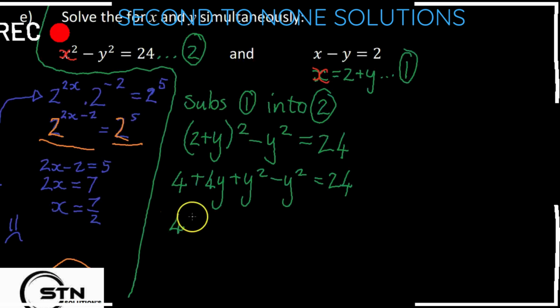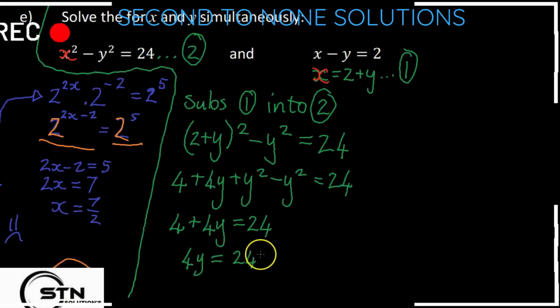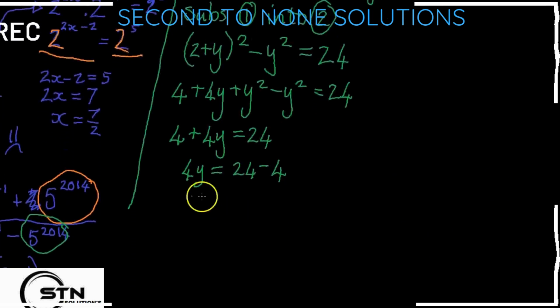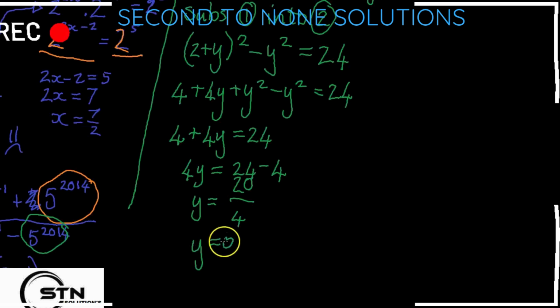So now I have 4 plus 4y is equals to 24. 4y is equals to 24 minus 4, and let's just scroll down. So I've got y is equals to 20 divided by 4, which is 5.